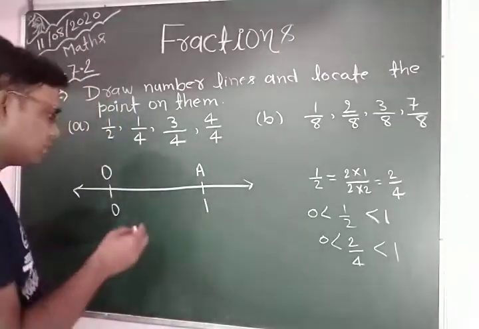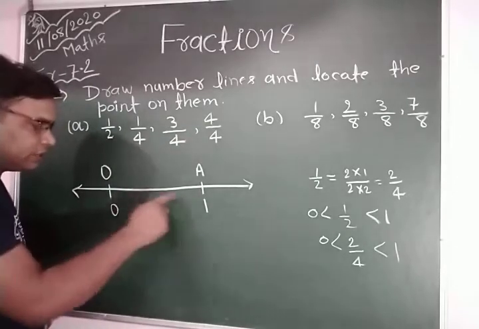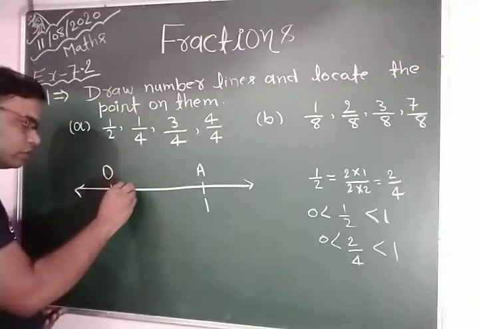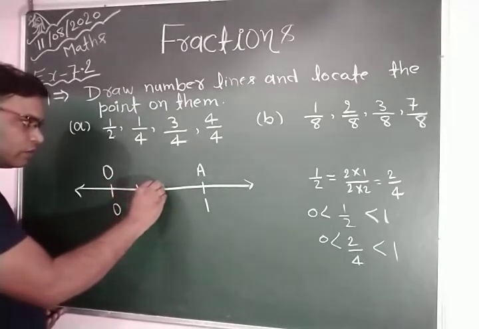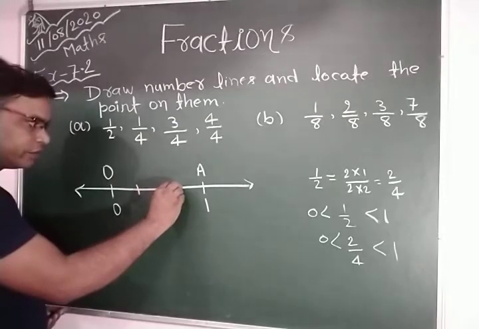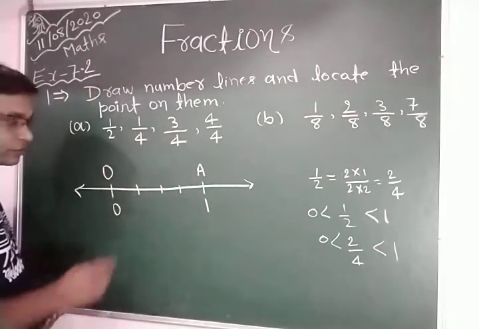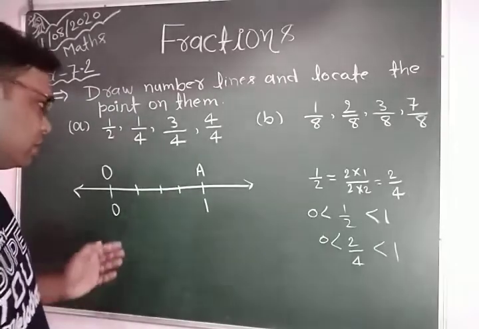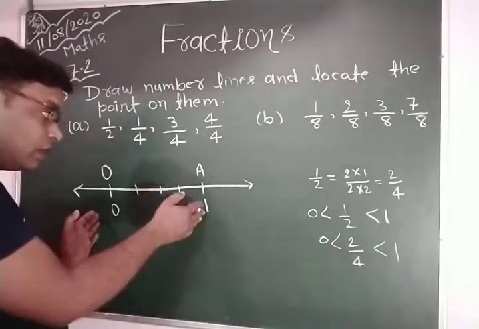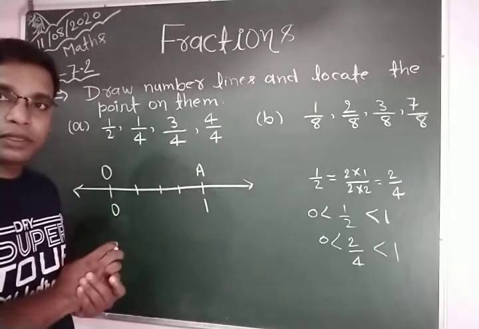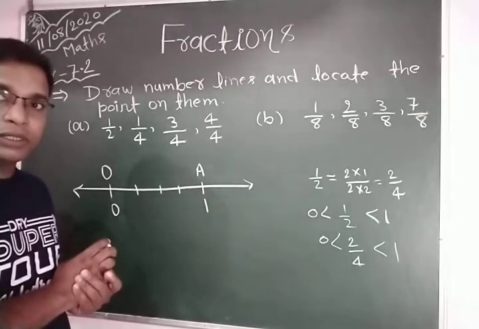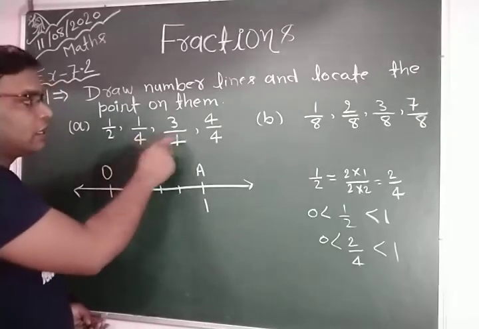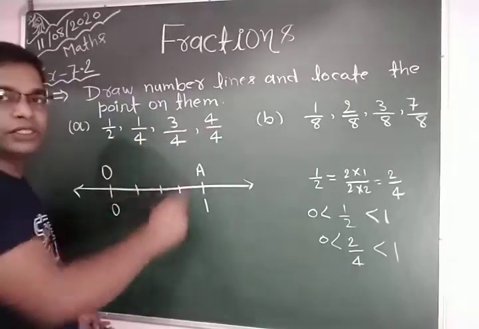So first divide the given line segment between 0 and 1 into 4 equal parts: 1 part, 2 part, 3 part, 4 part. Why do we divide the line segment between 0 and 1 into 4 parts? Because the denominator of each fraction is 4.